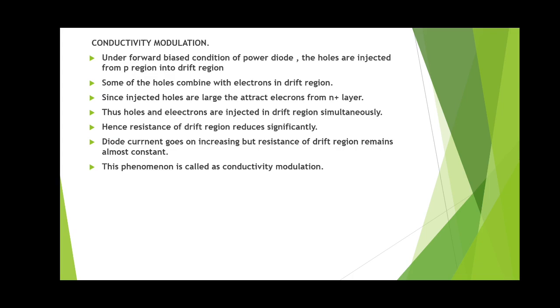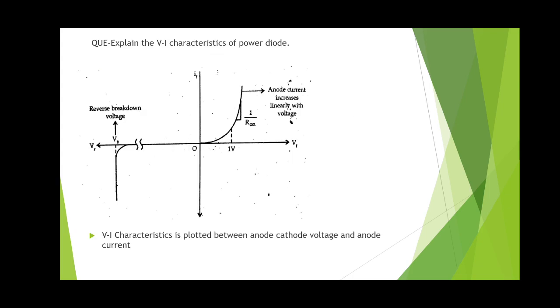Thus holes and electrons are injected in the drift region simultaneously. Hence, due to recombination, the resistance of the drift region reduces significantly. Thus, the diode current goes on increasing, but the drift region resistance remains almost constant. This phenomenon is called conductivity modulation, and this is the important characteristic of the drift region.